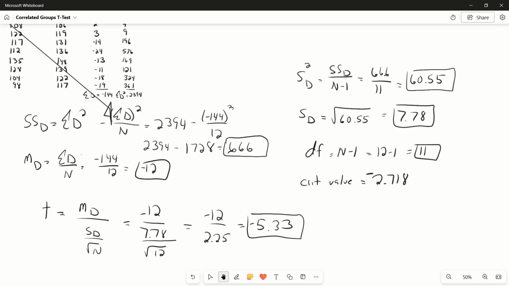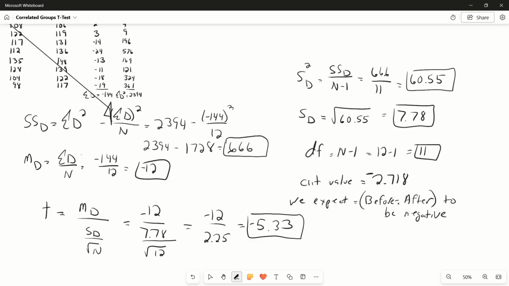Actually, the critical value is going to be negative because we expect after to be higher than before. So basically, we expect before minus after to be negative.